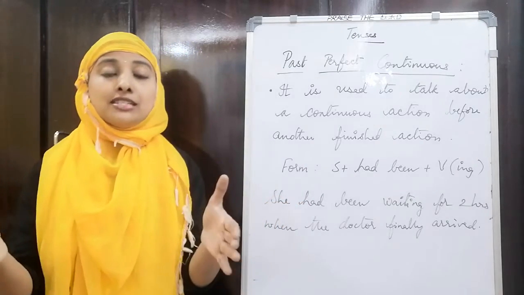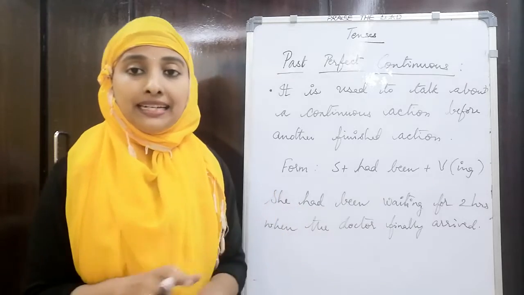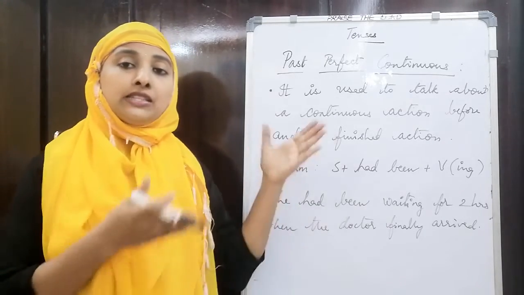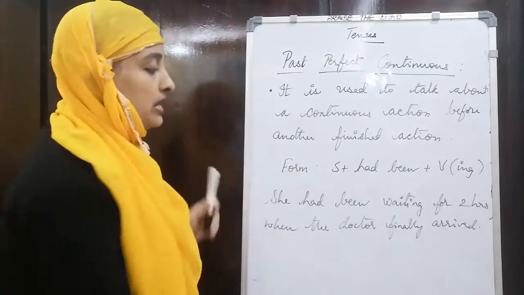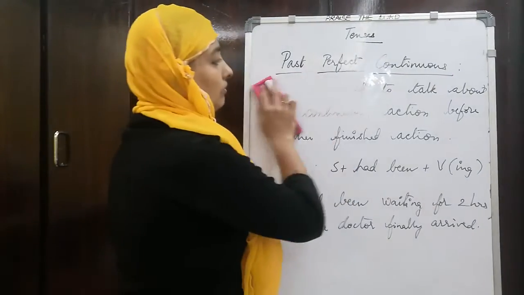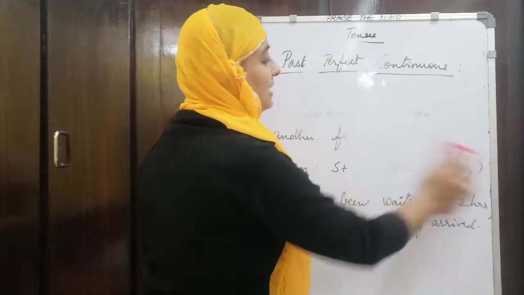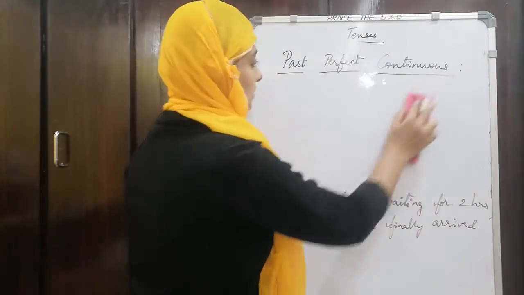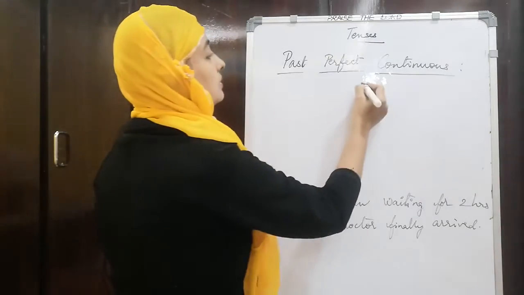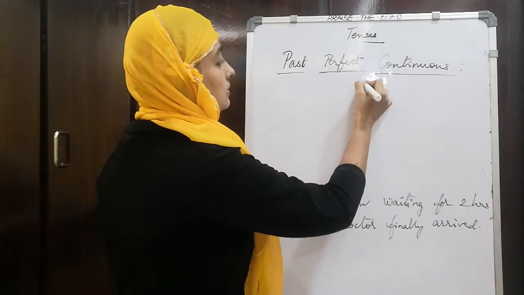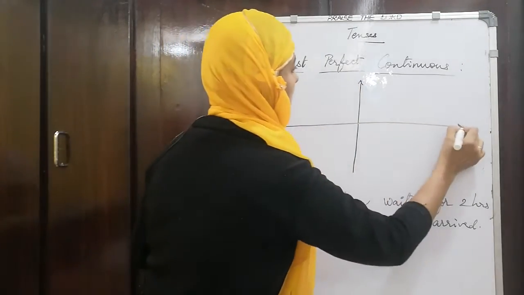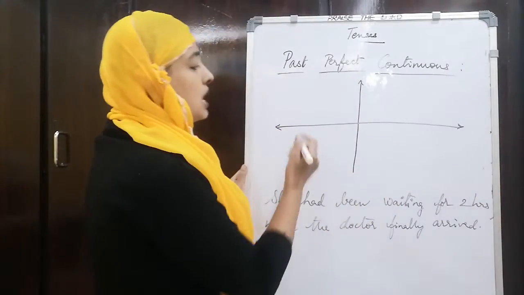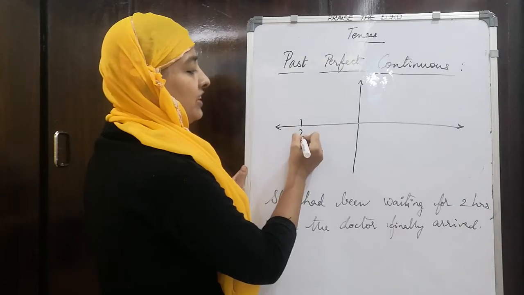That finished action, the doctor arriving, is a completed action. When that action took place, the first event is still continuing. You can see in a timeline diagram. So she had been waiting for 2 hours. Her wait started somewhere.